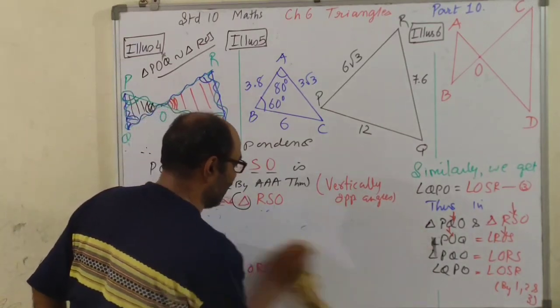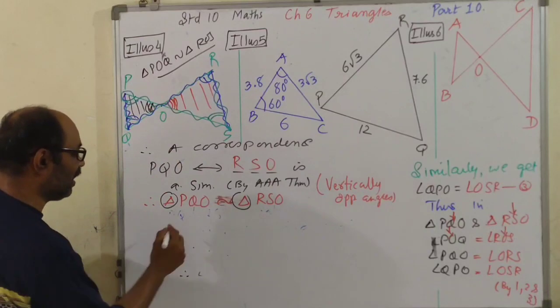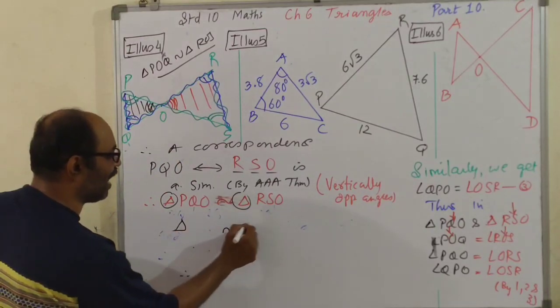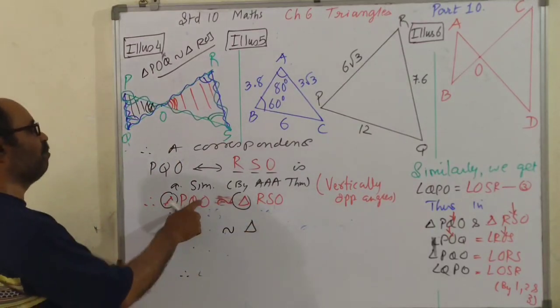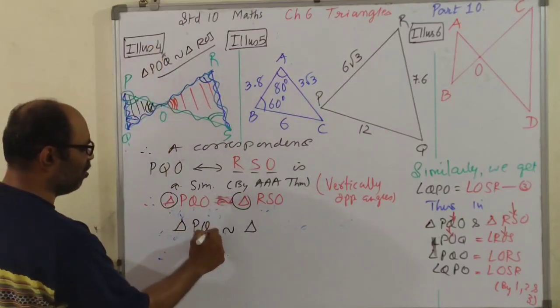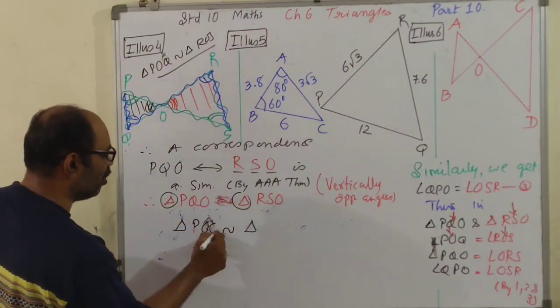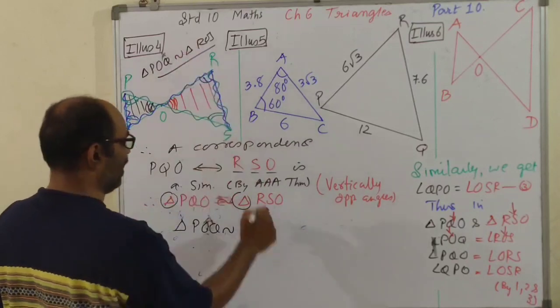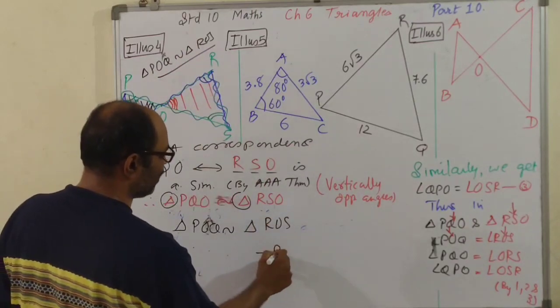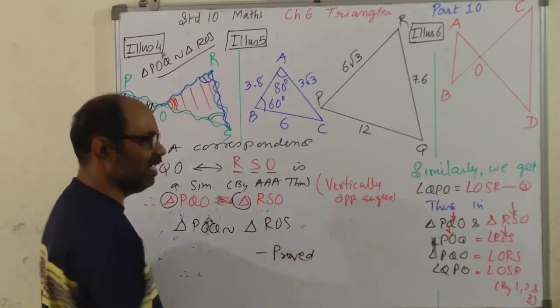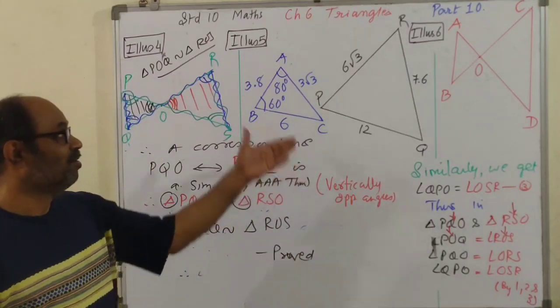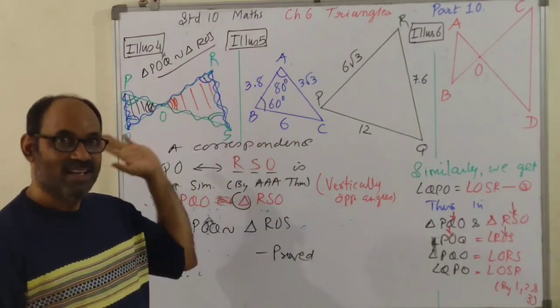So you can change the order, keeping the triangle symbol. Now instead of PQO, you may write POQ. And instead of RSO, you may write ROS. Finished. Proved. Clear? So here the 2 triangles are similar.